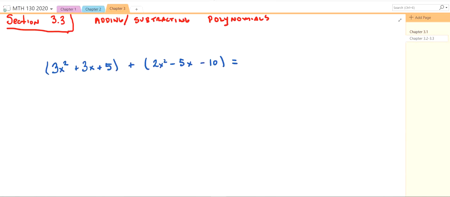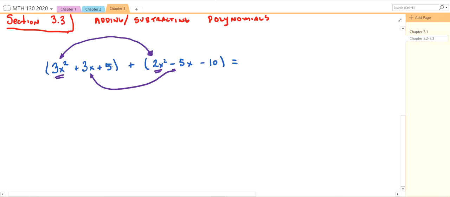Well, what we need to recognize is some of these terms we would call like terms. They're like terms if they're the same variable raised to the same exponent. So for example, 3x squared and 2x squared are like terms. 3x and 5x are like terms because this is x raised to the 1, this is x raised to the 1, this is x squared, this is x squared term.